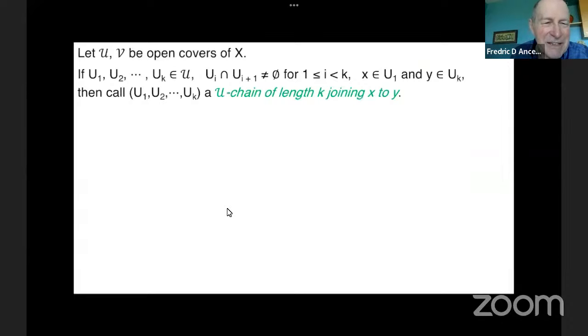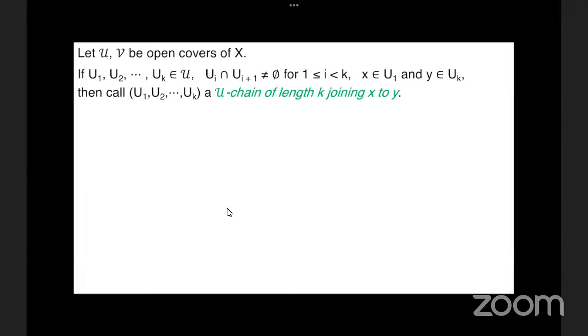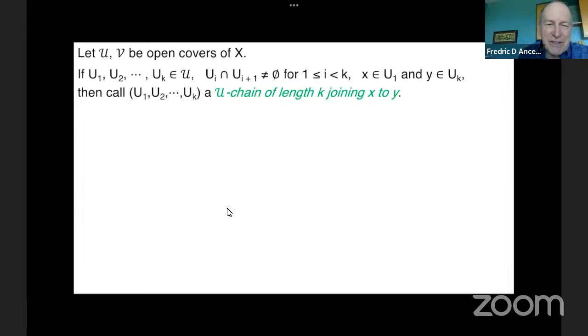Okay, and then I need some terminology. If I have two open covers and I have a sequence of open sets that successively intersect each other, kind of like this, I'll call that a chain. Well, this would be a chain of length 4.